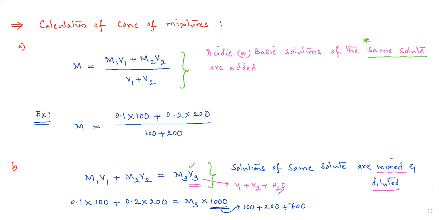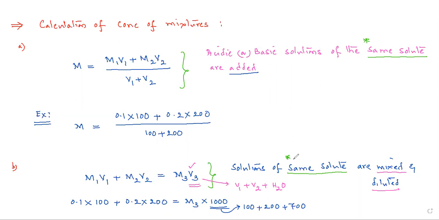Okay. So the first case is simply when the two solutions are mixed. The second one is when the two solutions, not just two, you can take any number, but remember they must be of the same solute. When you go for molarity, remember they must be of the same solute.